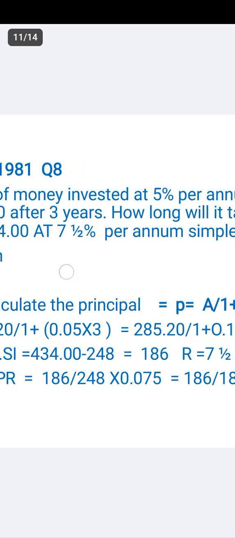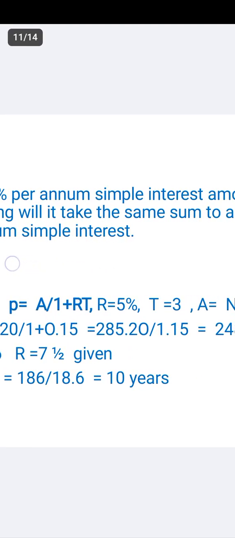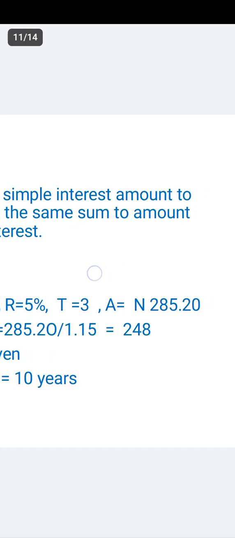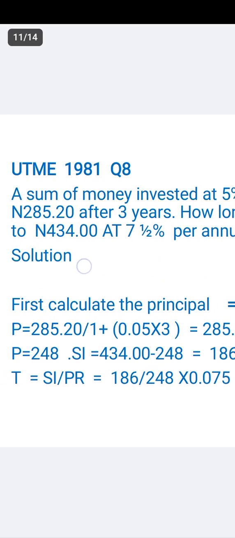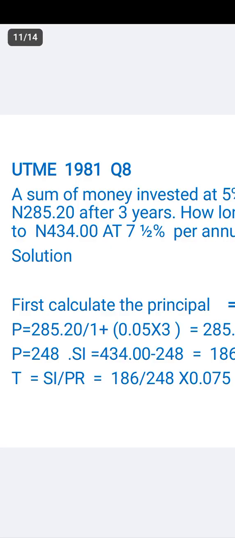The question says, how long will it take the same sum? What is the sum now? The sum is the principal. How long will it take the principal to amount to 434? So what we are going to do next is to find how long it will take 248, which is the principal, to become 434.